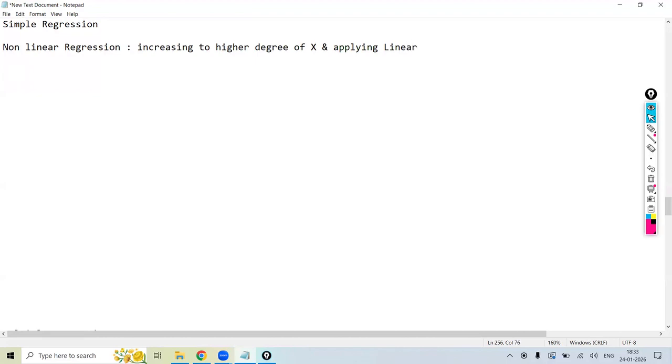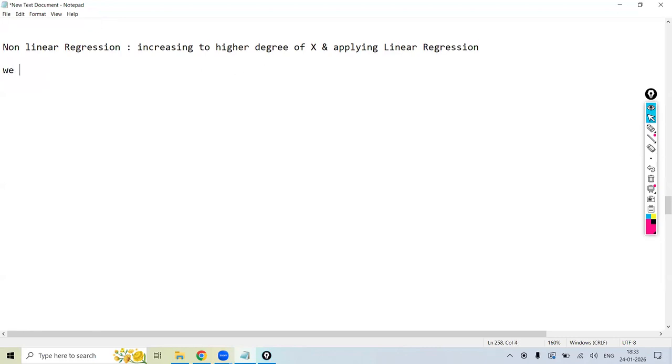Obviously, linear regression means multiple only, because once you increase even 1 degree, a new column is created, so automatically it is multiple. So increasing to higher degree of x and applying linear regression is called non-linear regression. That is the meaning of non-linear regression.